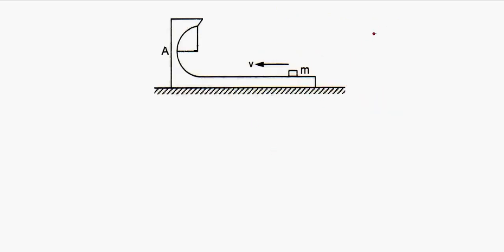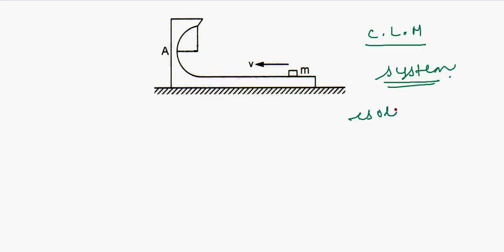First, let's solve the problem using conservation of linear momentum. For this, the system that we will choose should be isolated, that is, no net external force should be acting on the system.